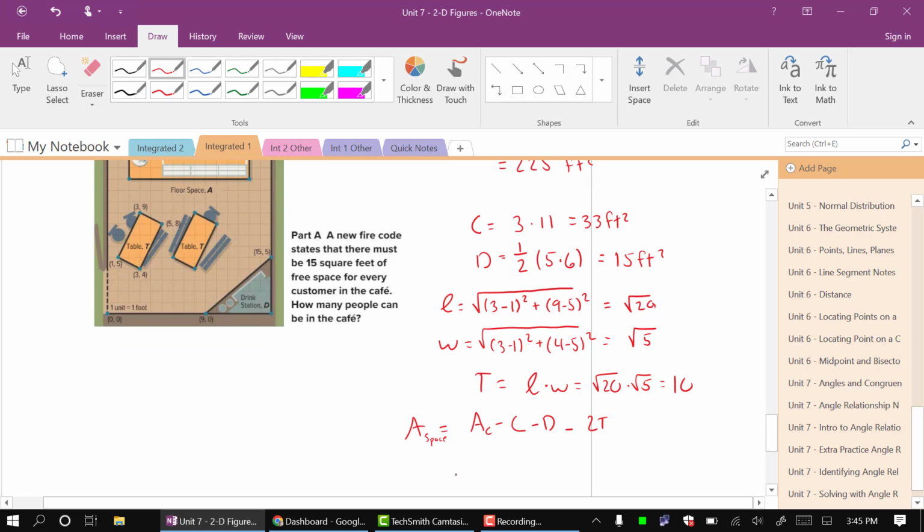So this is going to give me 225 minus our counter, which is 33, minus our drink station, which is 15, and then minus our 2 tables, which is 2 times 10. So we're going to get 157.